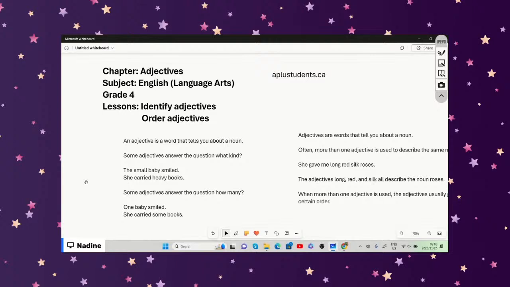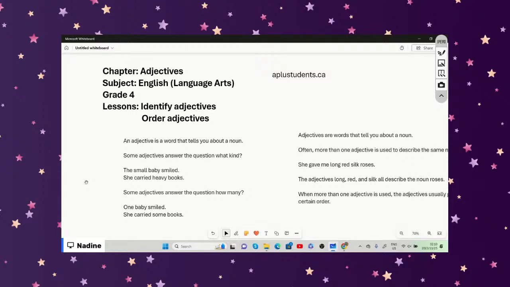So those are adjectives that tell us how many. Then we have adjectives that tell us what kind. And what kind can either be big, small, color, the way dresses are, or so on.